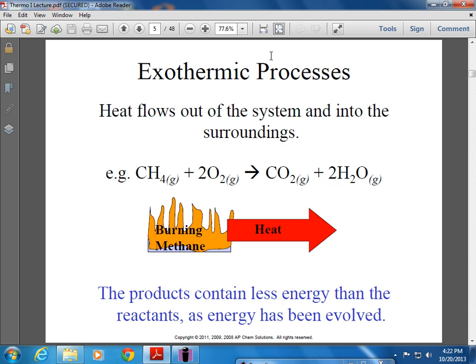So in an exothermic reaction, the energy from the reactants is released out to the surroundings. You would feel that energy in the form of being hot to the touch, because the energy goes from the reactants to the products, so the heat is flowing outwardly because we're seeing products with less overall energy.